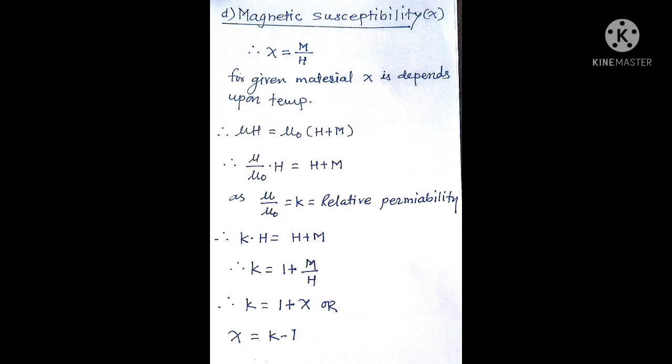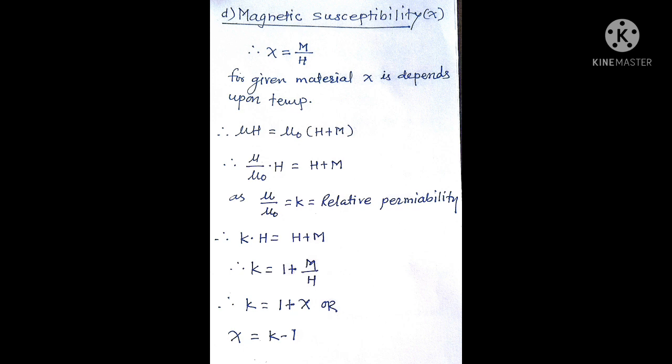This magnetic susceptibility is nothing but the ratio of M divided by H, and here M is the intensity of magnetization induced in the magnetic substance due to the applied magnetic intensity of the magnetic field, that is represented by capital H.